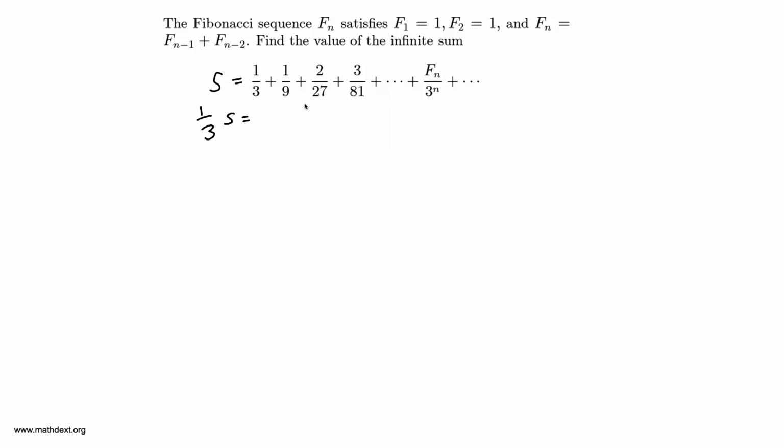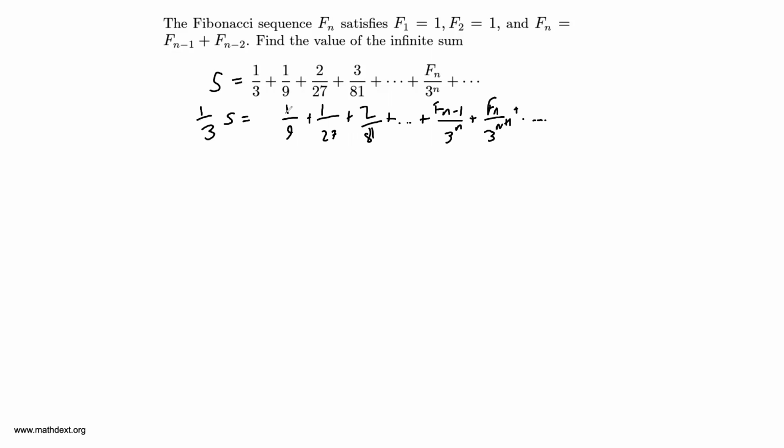I'm going to write it like this: 1/9 + 1/27 + 2/81 + etc. The next term would be 3/243, and then 5/729. And then this term is f(n-1) over 3^n plus f(n) over 3^(n+1), etc., etc.